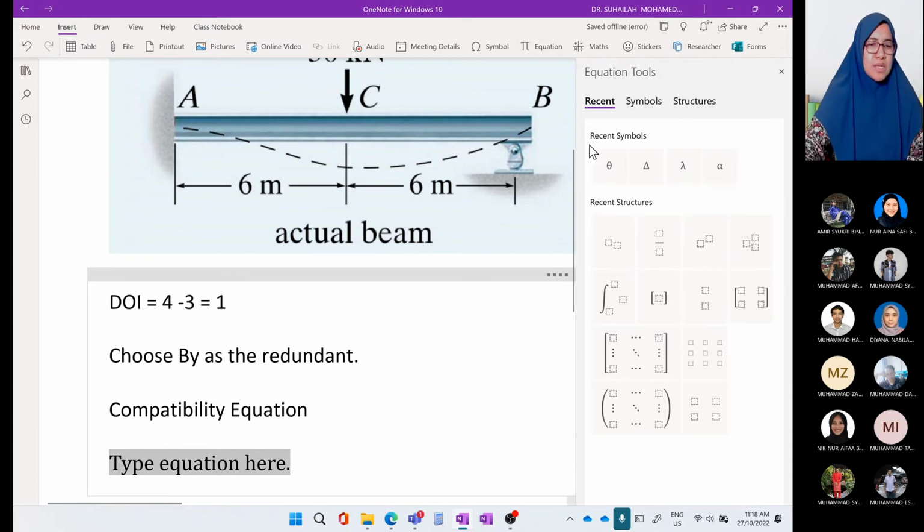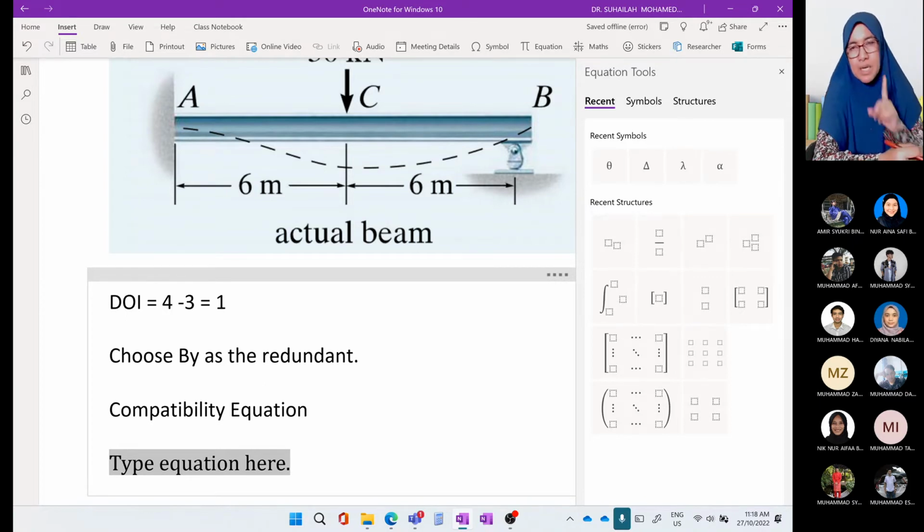Since BY is a force, P, recall what you have learned previously under the unit load method. When you want to calculate delta, you apply a unit force, P, and BY is P. When we want to calculate rotation, theta, we apply a unit moment.